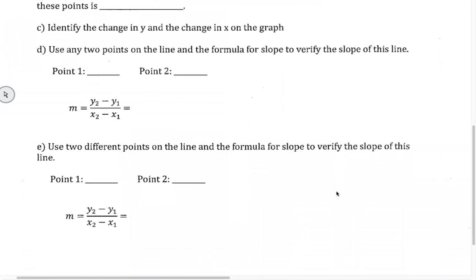So my first step is to label. I'm going to label x1, y1, x2, y2. And then I'm going to substitute. Second is to write my formula, which is already written for me.